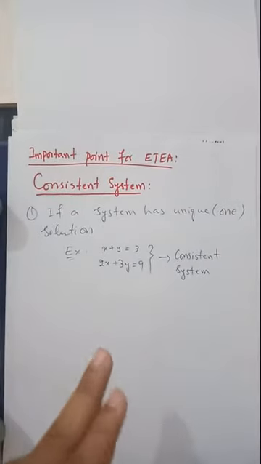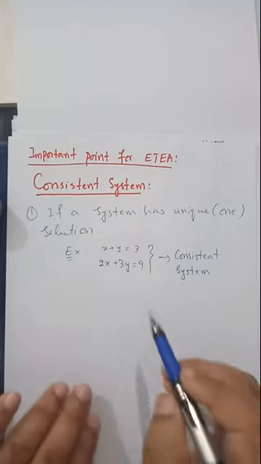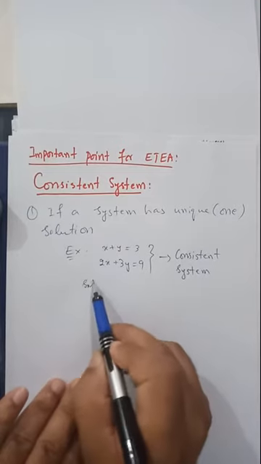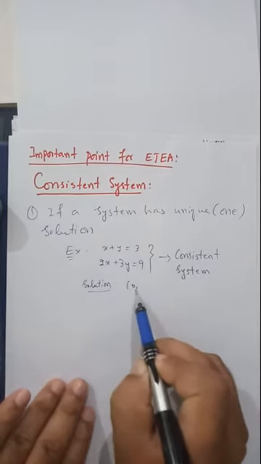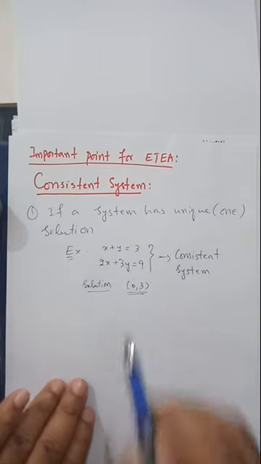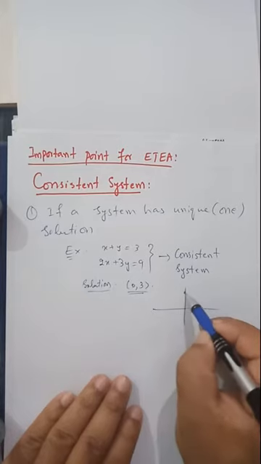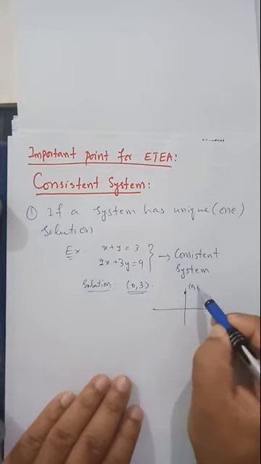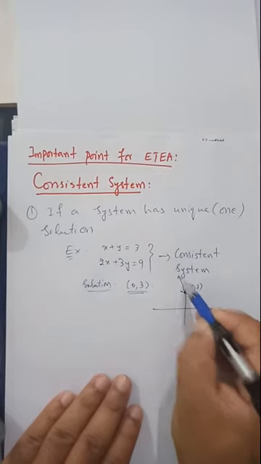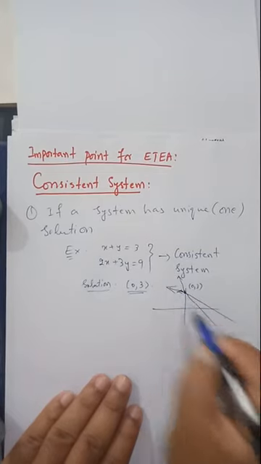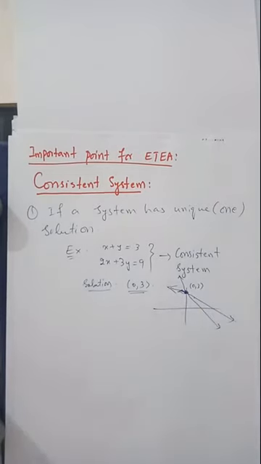I found it analytically and also showed graphically that this system has a unique solution, and the solution is a point of the plane having coordinates (0, 3). Graphically, let's say this is (0, 3), so both the lines pass through this point. So this is a consistent system.